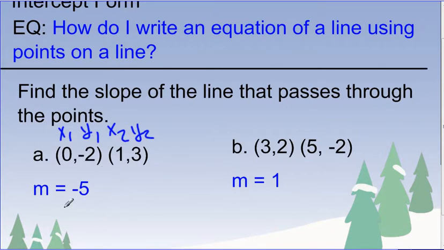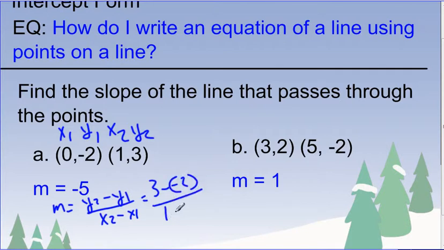M equals y2 minus y1 over x2 minus x1, which gives us 3 minus negative 2 over 1 minus 0. 3 minus negative 2 is positive 5, because minus a negative turns into plus a positive. 1 minus 0 is 1, so we got a slope of positive 5, not negative.